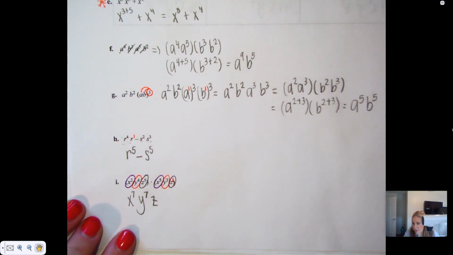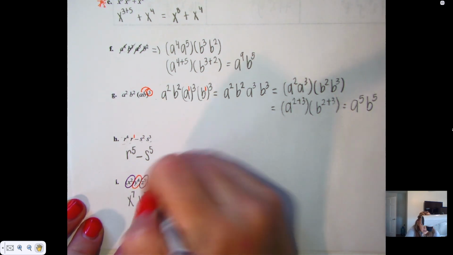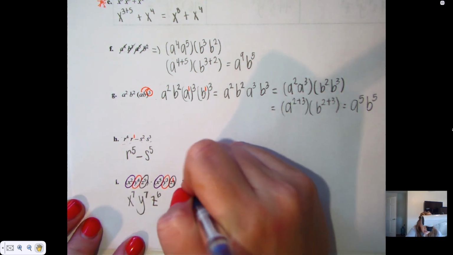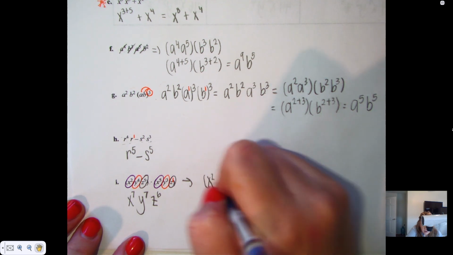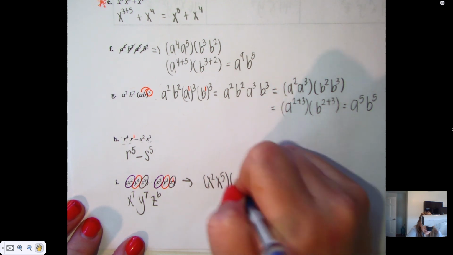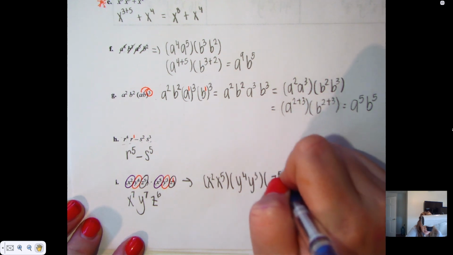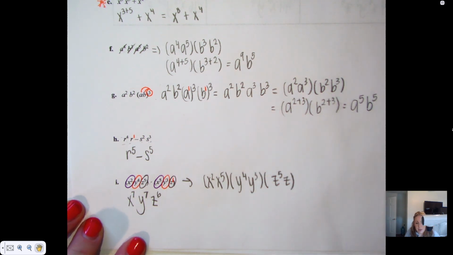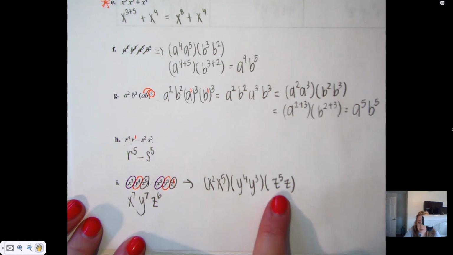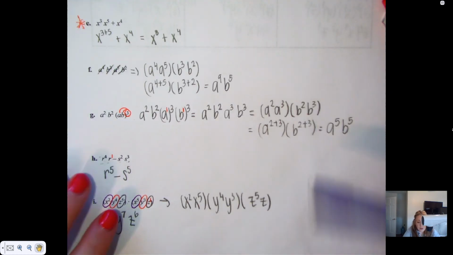When I have the same base, I multiply them together, I add the exponents. So I have z to the 6th. So just real quickly, this would be x squared, x to the 5th, times y to the 4th, y to the 3rd, times z to the 5th, times z. Multiply, multiply, multiply. Same bases, you add the exponents.